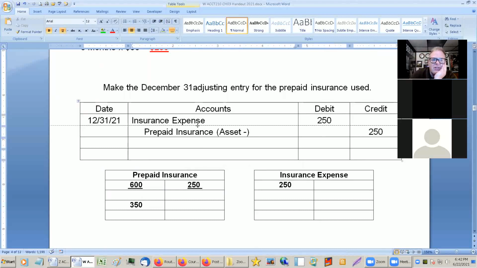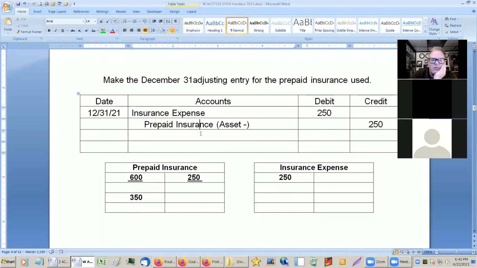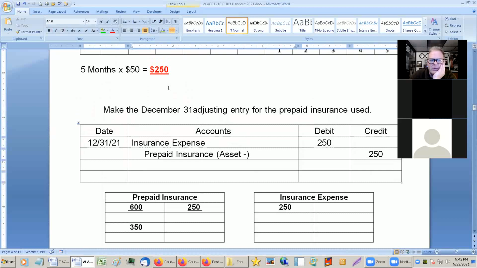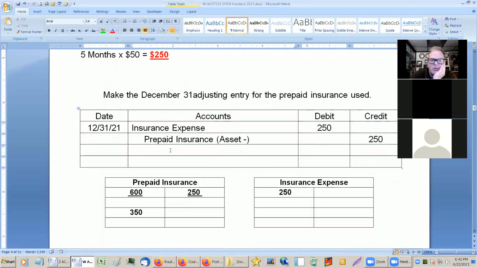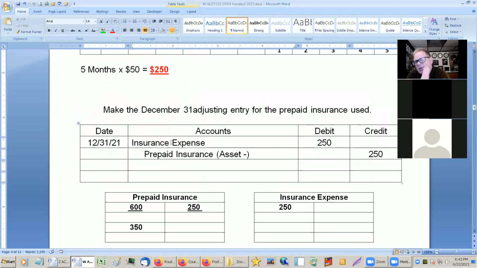Okay, so the insurance expense is 250. We're taking the amount that we used up, and the prepaid insurance would be reduced by 250. Here's a question for you. If a company mistakenly didn't do this journal entry, would their income be overstated or understated?